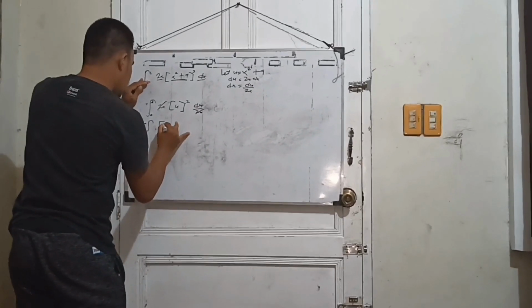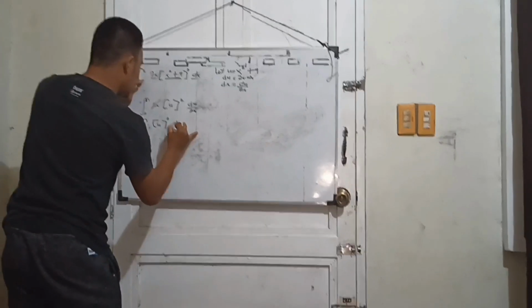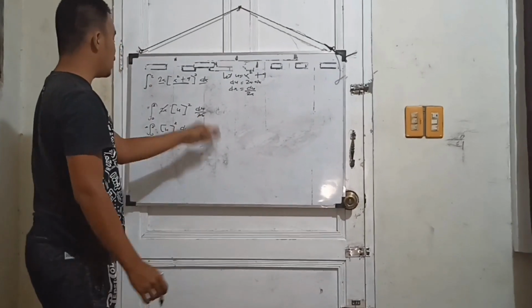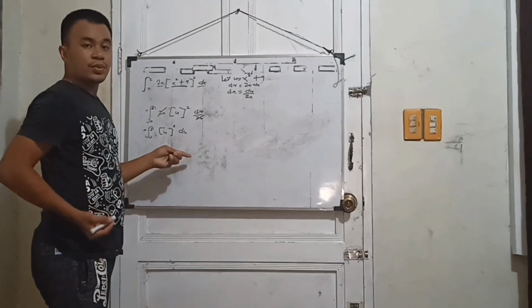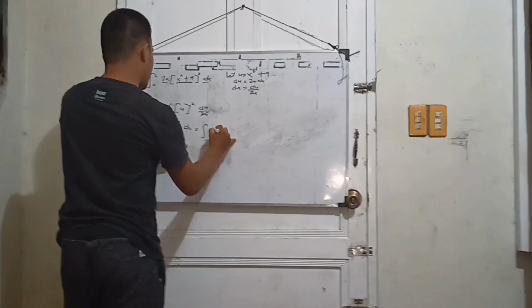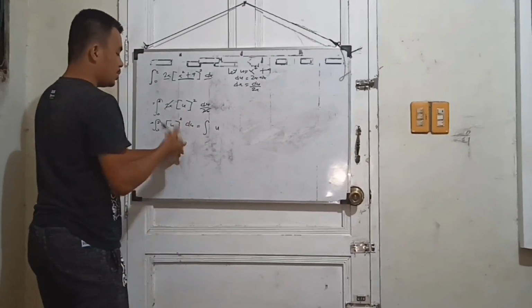So it will be the integral from 0 to 2. Cancel it out. We can also rewrite this as the integral. We will take down the bracket.